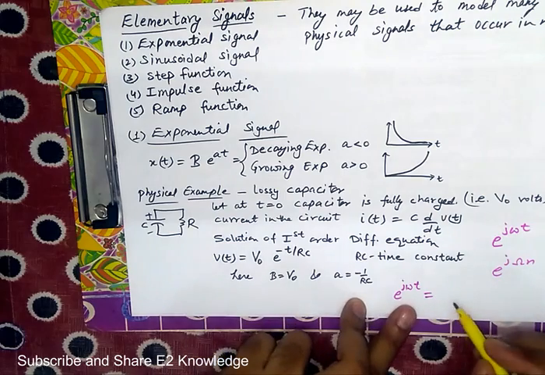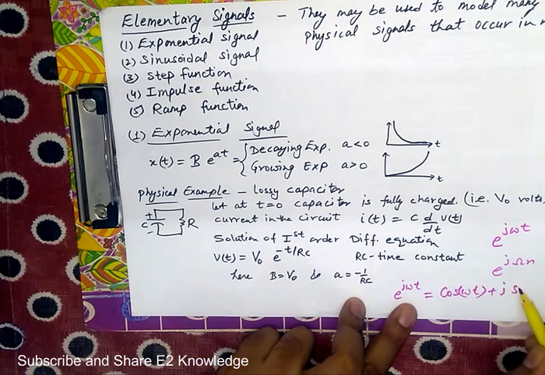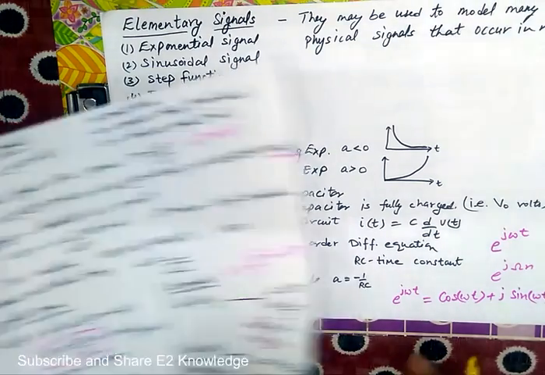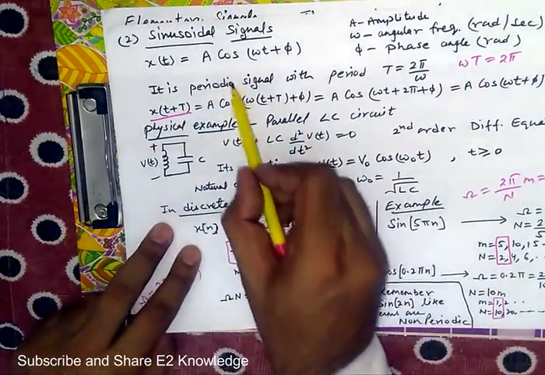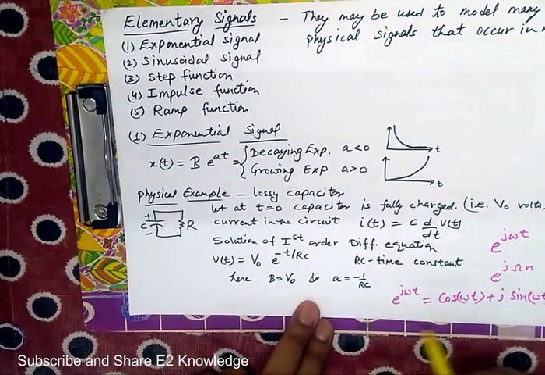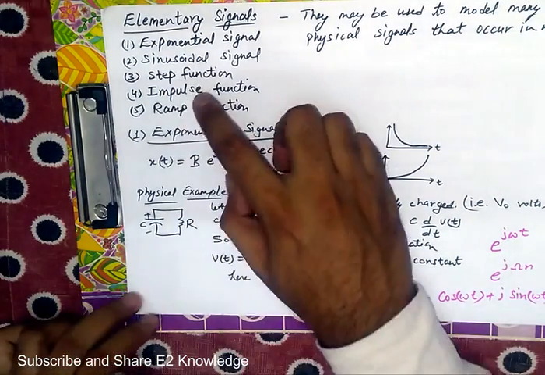By Euler's formula, e raised to power j omega t is equal to cos omega t plus j sin omega t. So it is well known that the sinusoidal signal cos omega t and exponential signals are related to each other. That's why these two are basic building blocks along with the step, impulse and ramp functions.